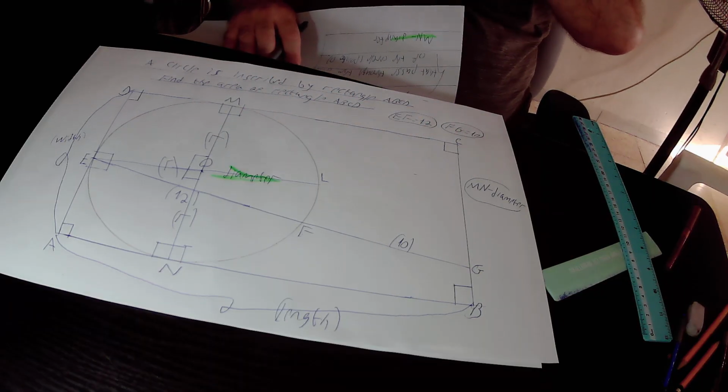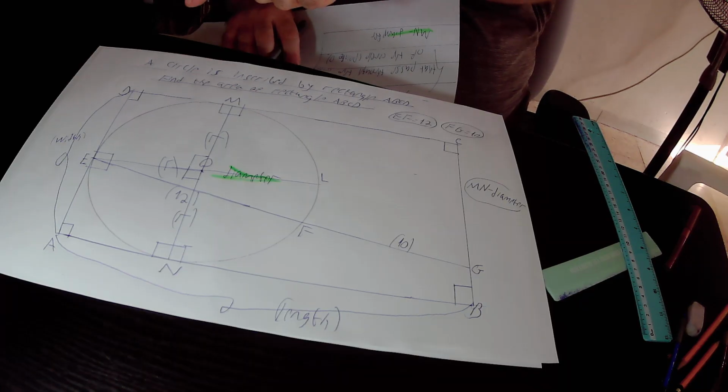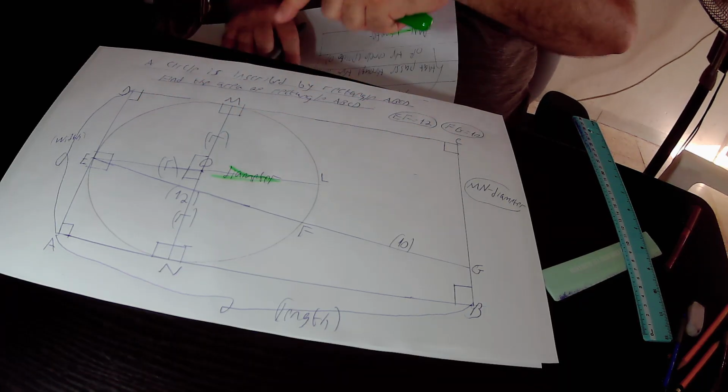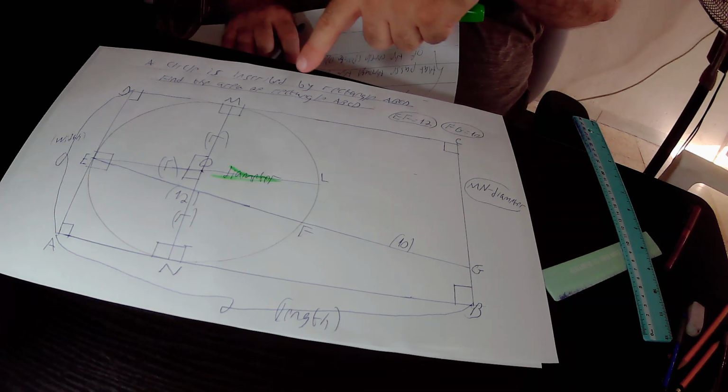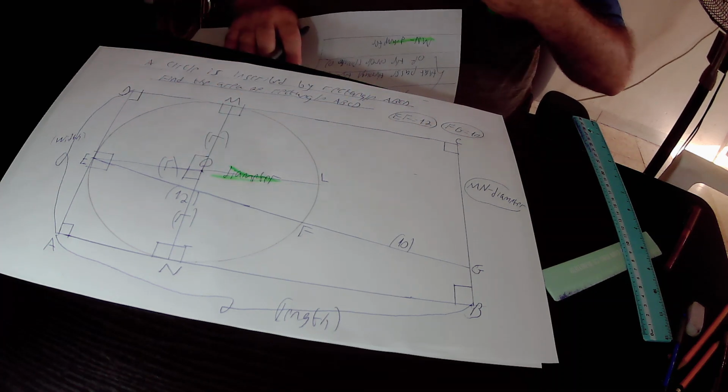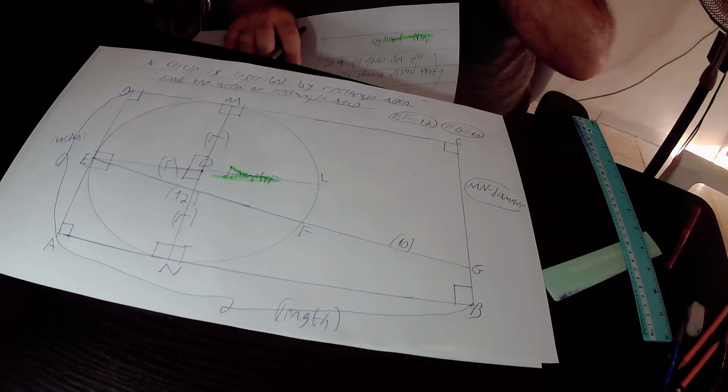So this shape DMNA has in total 4 sides: 1, 2, 3, 4. Therefore it is a quadrilateral.